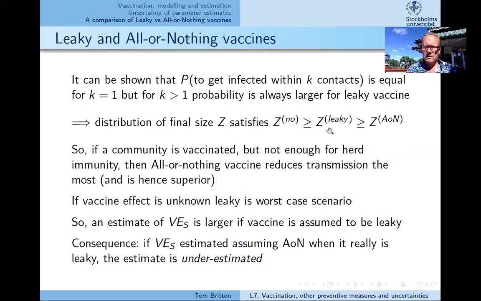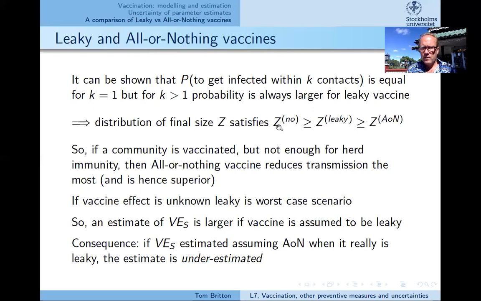That means that the final number infected for the leaky will be at least as large as for the all or nothing. This is called stochastic domination. So there would be more infected stochastically if the vaccine is leaky as compared to all or nothing.